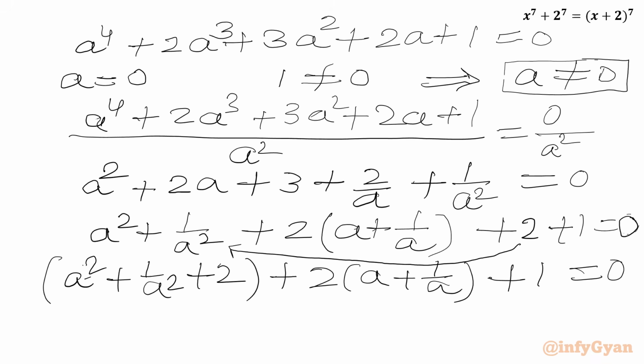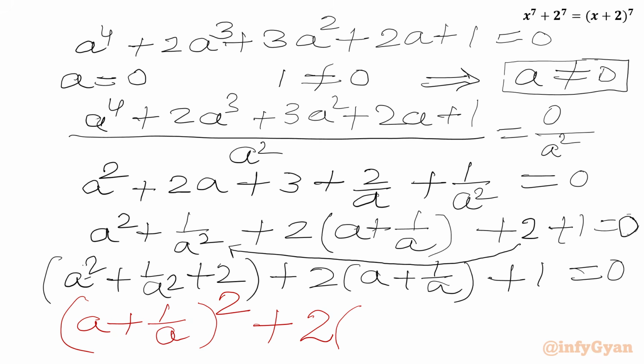Or I can write our first bracket as a plus 1 over a whole square plus 2 times a plus 1 over a plus 1 equal to 0.